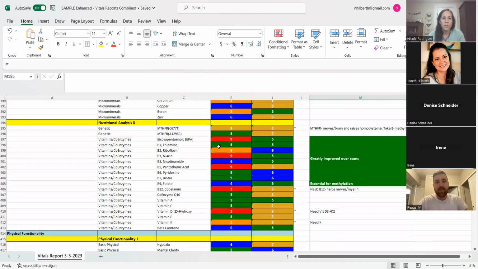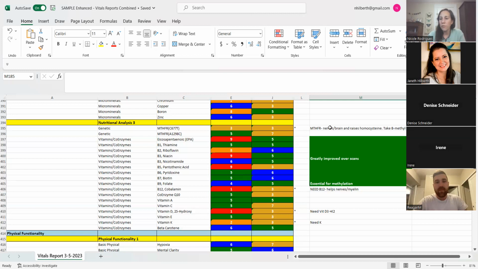And then we get down to the MTHFR. So the first gene here, the C677T, you can't see it on these 2 that I'm showing, but it was consistently out. This one is the gene strand that's directly correlated to nerves and brain, and it raises homocysteine levels.